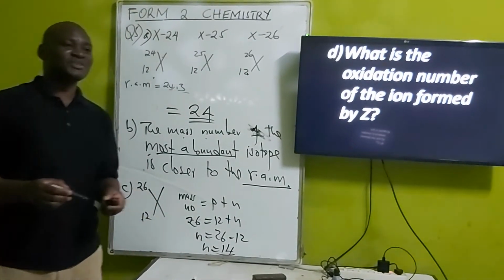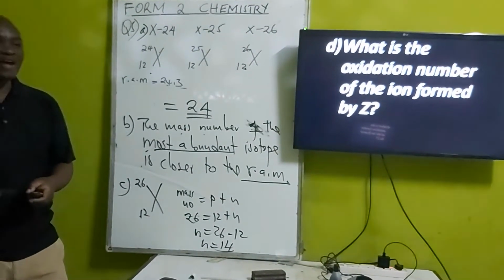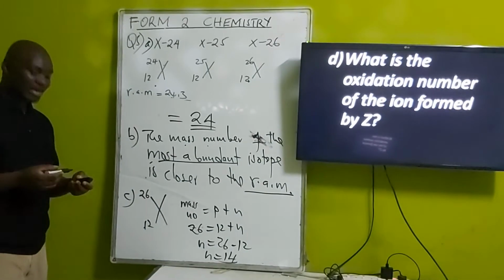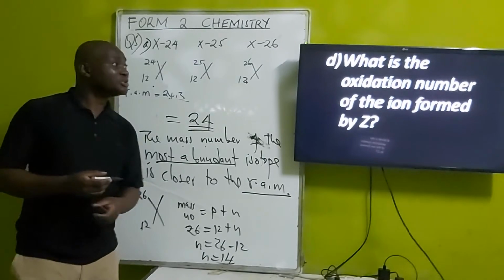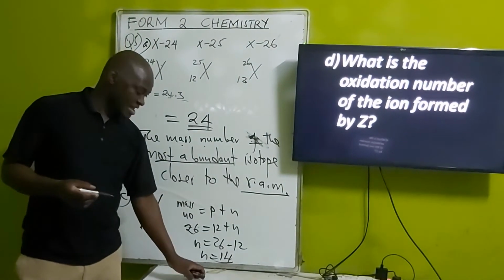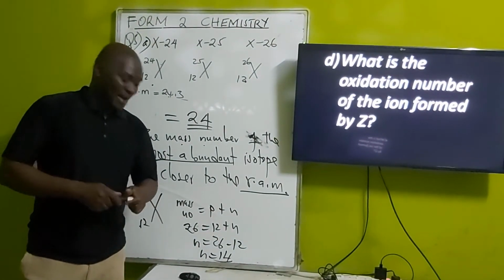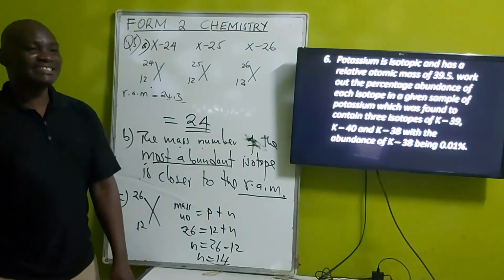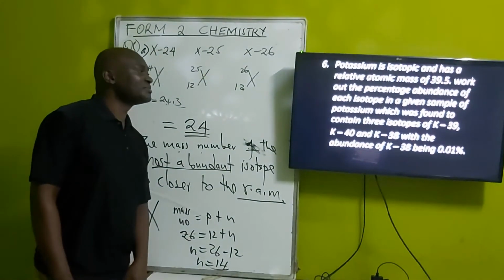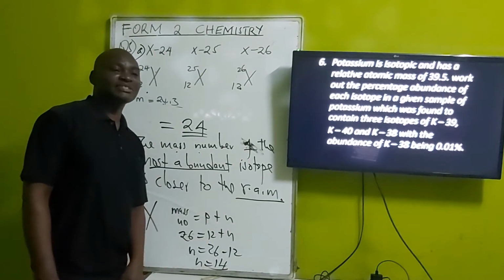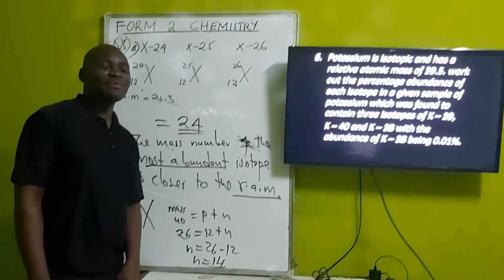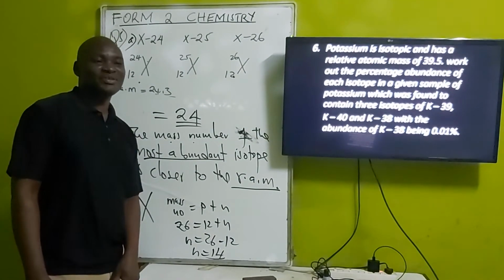What is the oxidation number of the ion formed by Z? Now, later, because we are going to cover that, that's a question that you can only cover after you've done the next part. So you can try question 6, telling us that potassium is isotopic and has a relative atomic mass of 39.5.